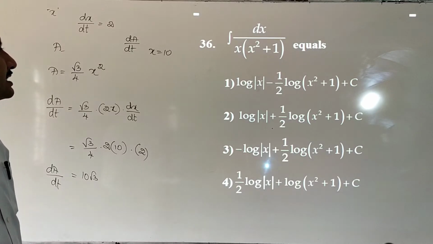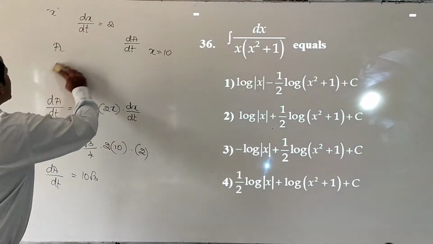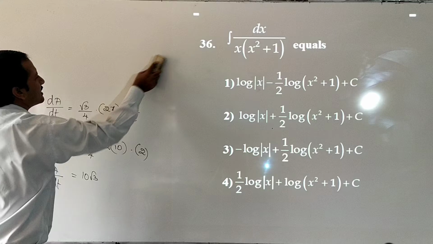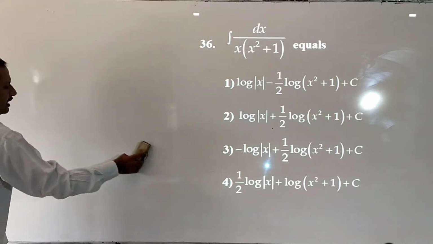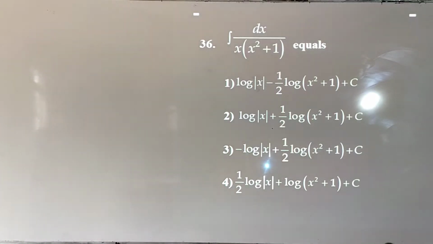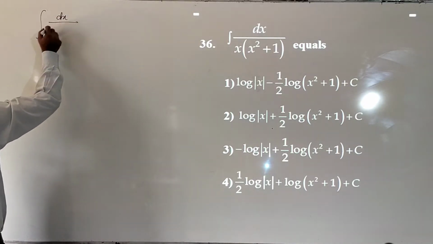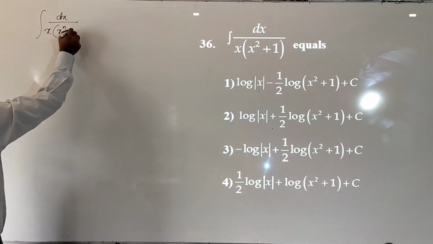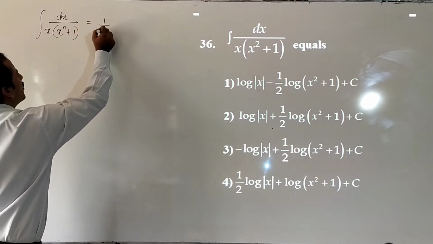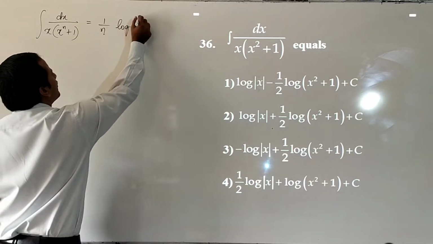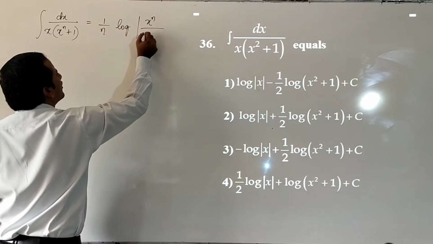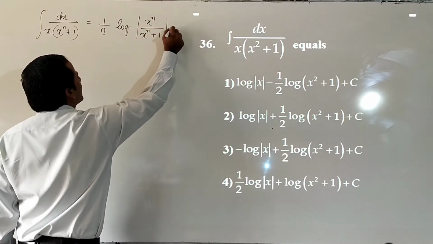Then 36th question. Integral of dx by x into x square plus 1. So here again we know one direct formula. Integral of dx by x into x power n plus 1 is equal to 1 by n log mod x power n divided by x power n plus 1 plus c.